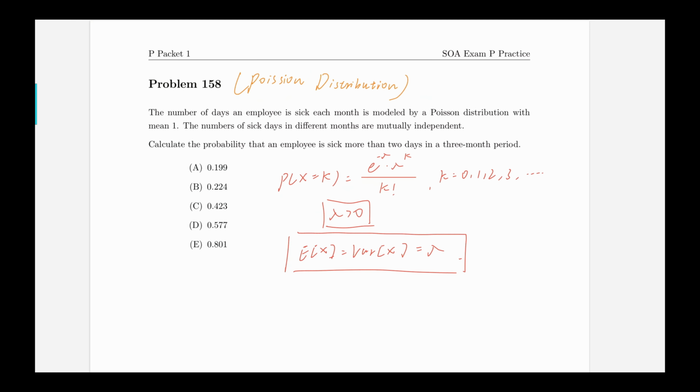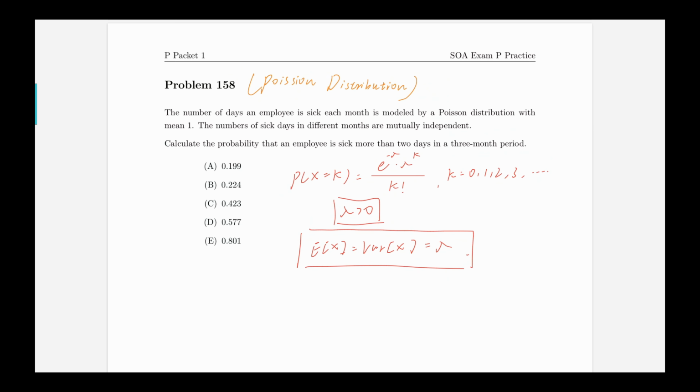Again, we're not going to prove it here, and the exam won't test you on how to prove them. But I would still recommend that you look at the proofs so that you can memorize it better.